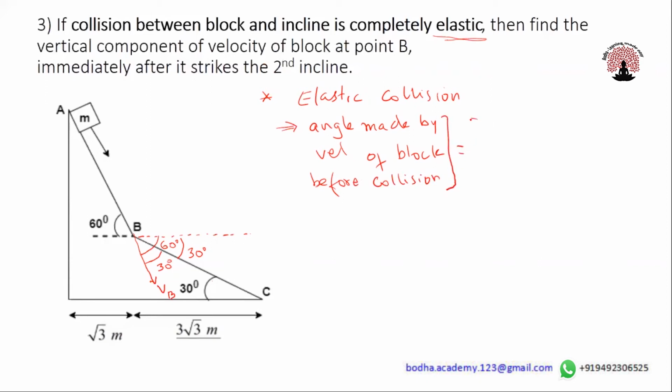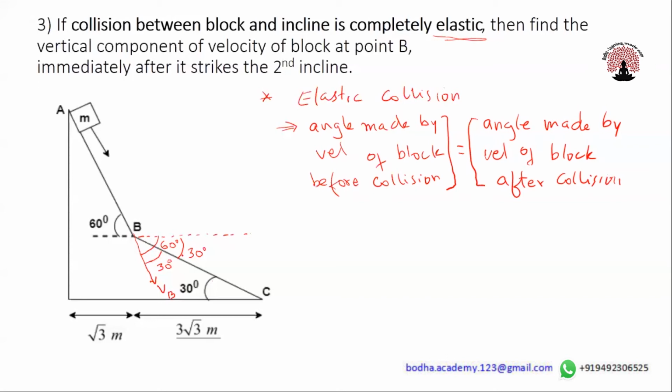must be equal to the angle made by the velocity of the block after collision. So you know that the angle made by the velocity of the block before collision is 30 degrees.